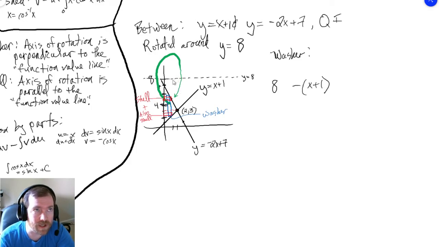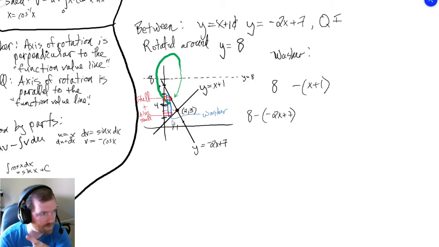So the part that we want, if we said 8 minus parentheses negative 2x plus 7, that would cut out everything below this. And then from that, we would also subtract out or add back. We can find the negation of it. So we're going to add back all the stuff that is below this.